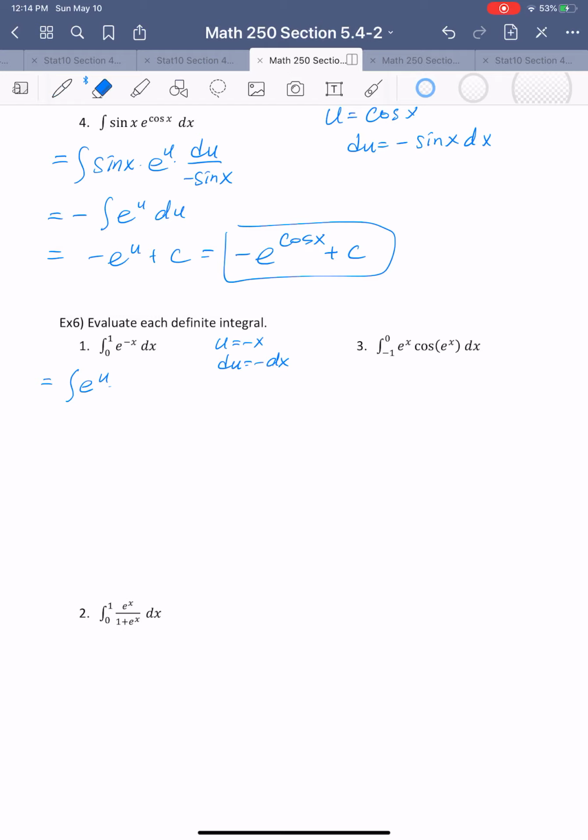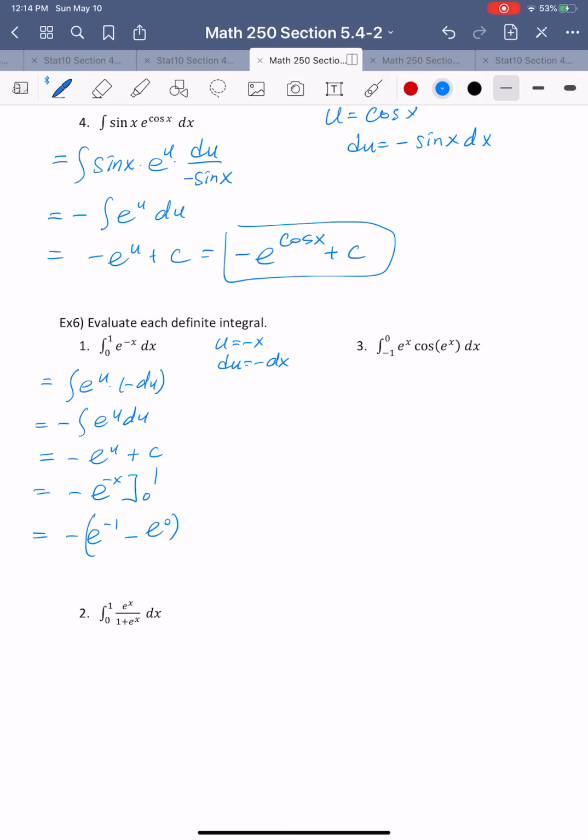Okay, so negative du is the same as negative integral of e to the u du, which is negative e to the u plus c. And negative e to the u is actually negative e to the negative x from 0 to 1. And plug it in: negative e to the negative 1, minus negative e to the 0, which is negative 1 over e plus 1, same as 1 minus 1 over e.